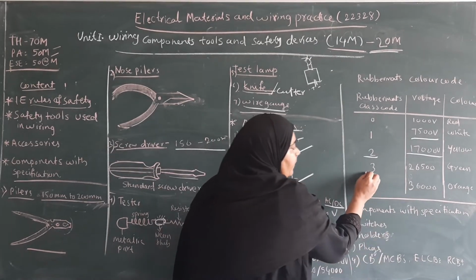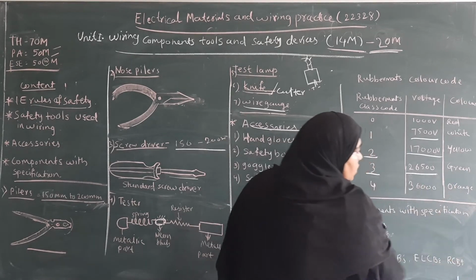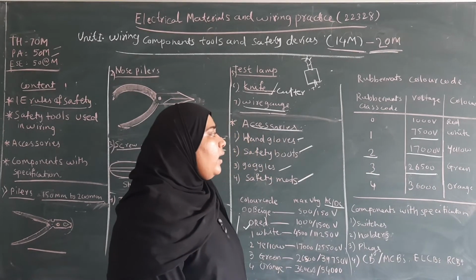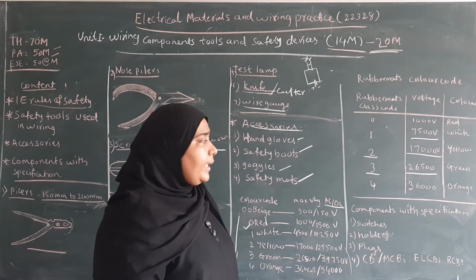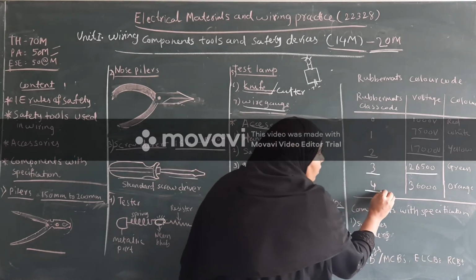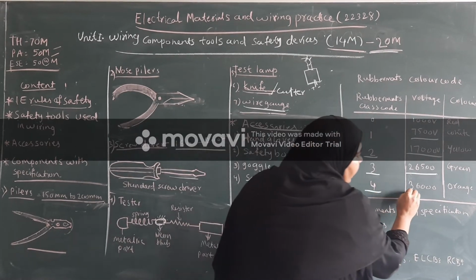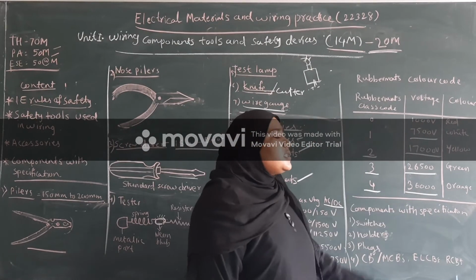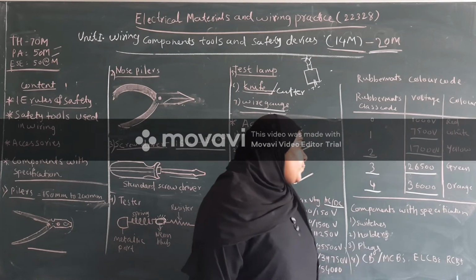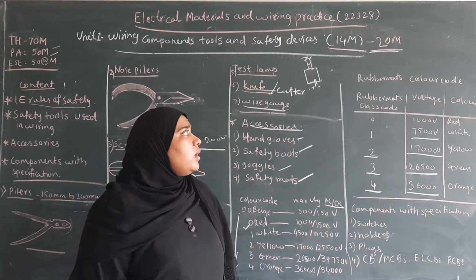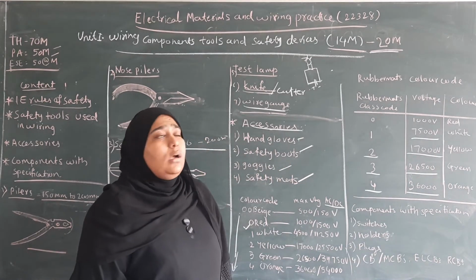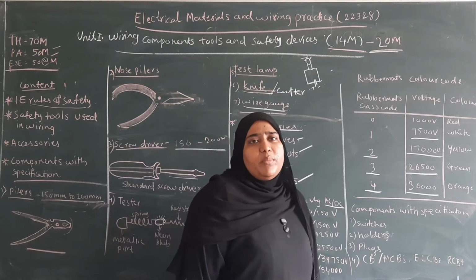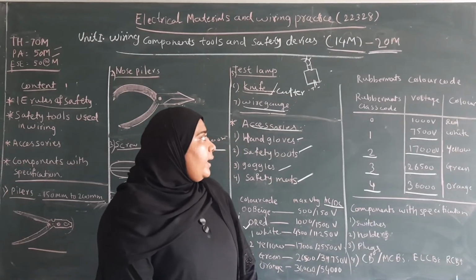Next is 3, the voltage rating is 26,500 and the color code is green. Next is class code 4, the voltage rating is 36,000 and the color code is orange. All these rubber mats are required in the market. It is used mostly in the industrial area.